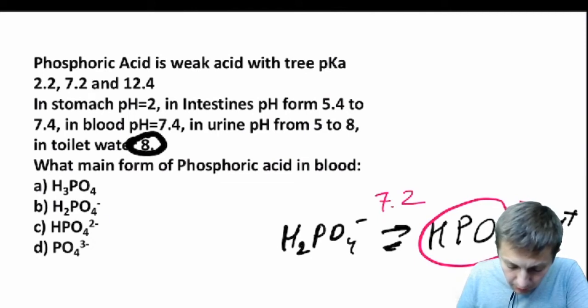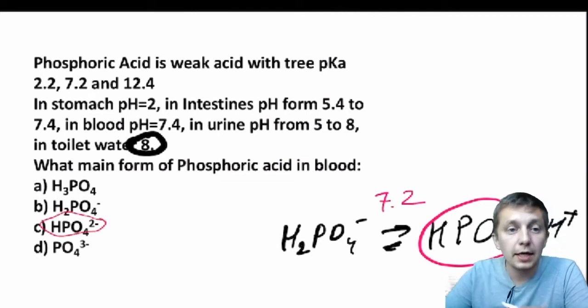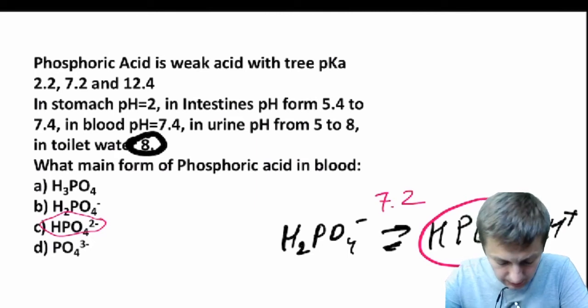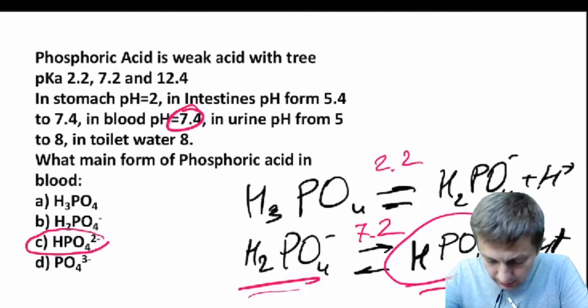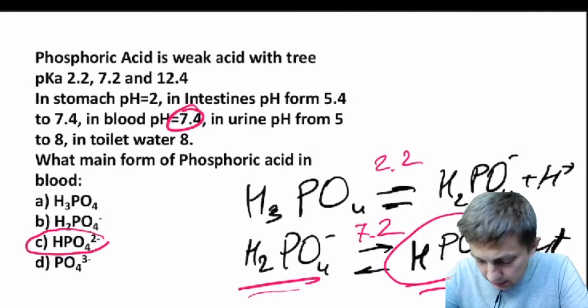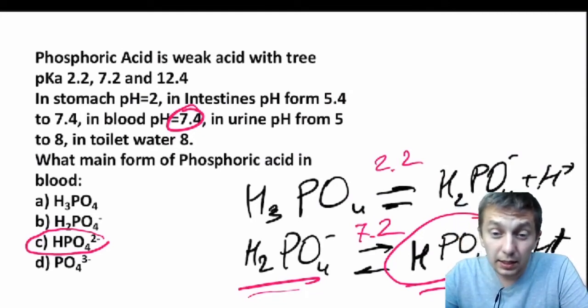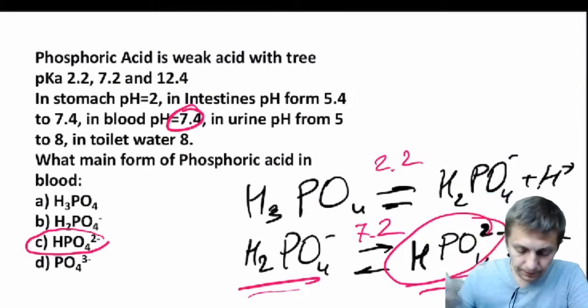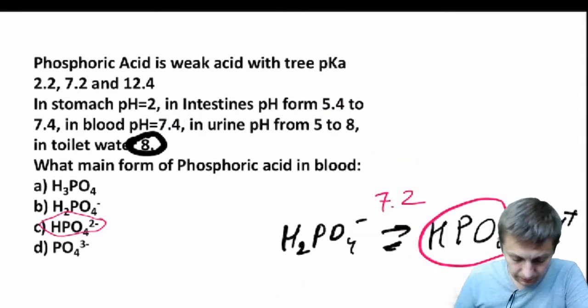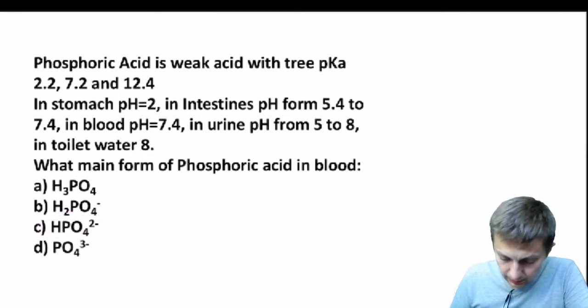So the most popular phosphoric acid ion in blood, in intestines, in urine is HPO4 2 minus, and actually it's one of the major buffers in our blood. Okay.